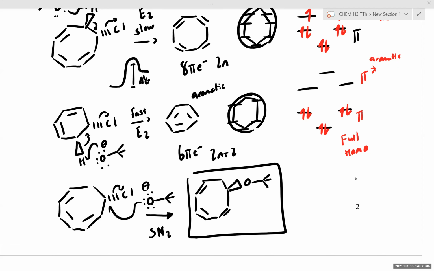Sure. I mean, the energy diagram for the second compound would look something like this, with a smaller activation barrier. Does that answer your question?